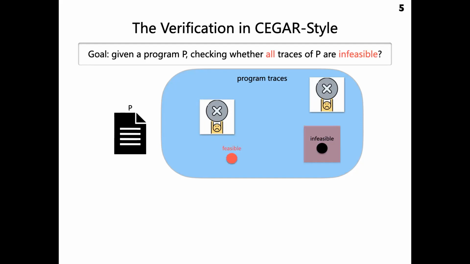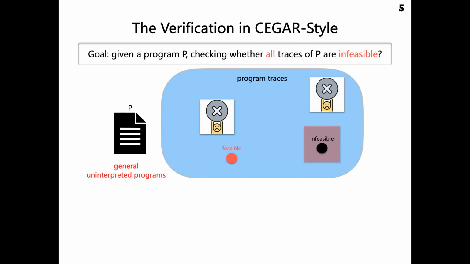Or during the process, we might find a feasible trace, which is a counterexample that violates the assertion. Then the program is incorrect. Note that this process might not terminate. Now, consider such verification for general uninterpreted programs.